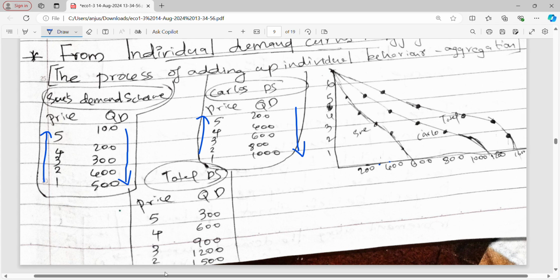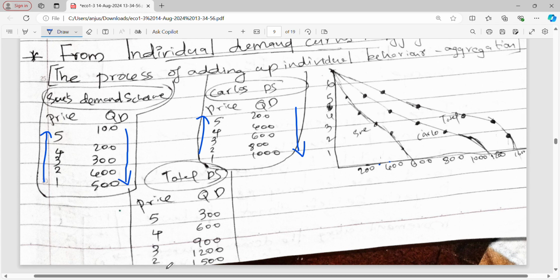5, 4, 3, 2, 1 are the prices of gasoline in dollars per gallon, and here we are summing up both the individual demands. 100 plus 200, 300, then 200 plus 400, 600, then 300 plus 600, 900, then 400 plus 800, 1200, then 500 plus 1000.